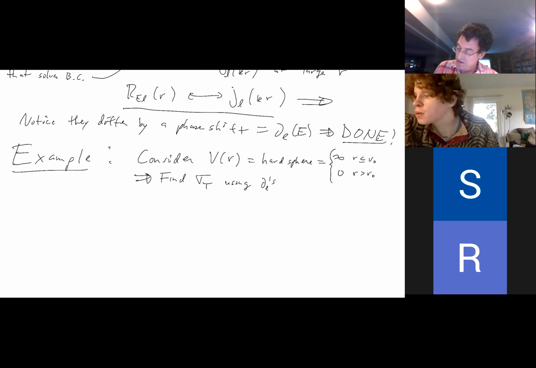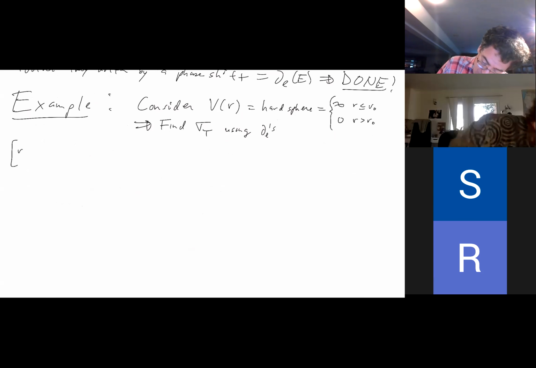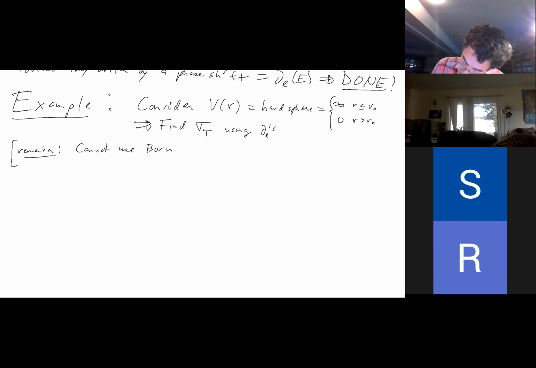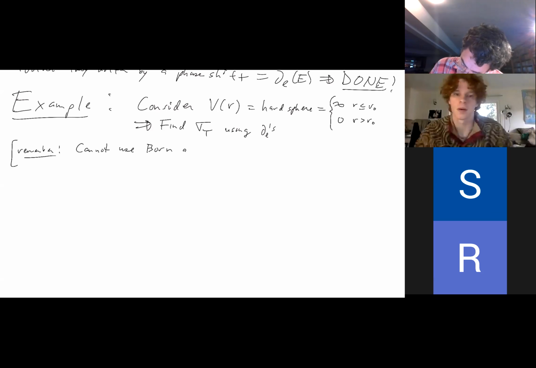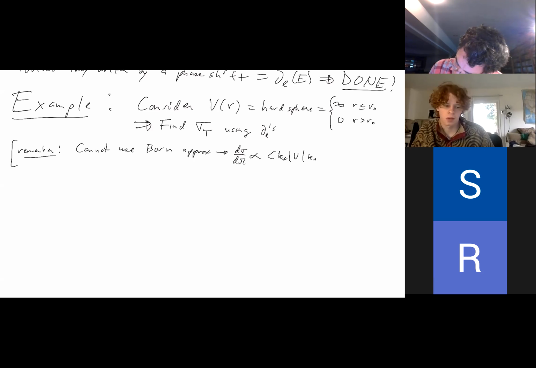And so it should be the simplest one, but we remember that we cannot use the Born approximation for this. We cannot use the Born approximation, which tells us that d sigma d omega is proportional to the matrix element, right?